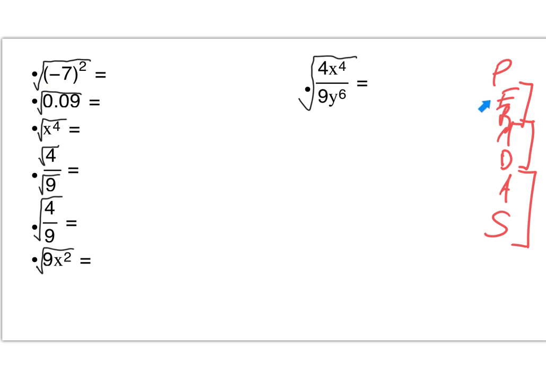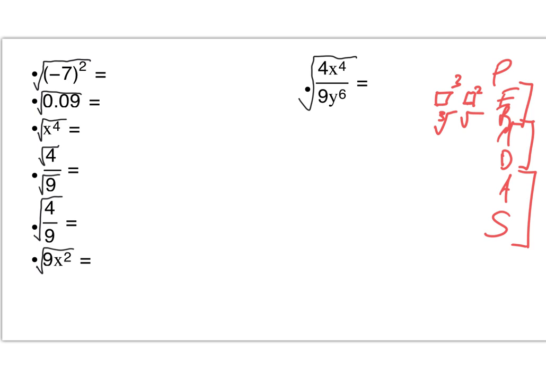What do I mean by that? A square root, its inverse would be something squared. If I had a cube root, the inverse would be something cubed. So the only way that roots and exponents are inverse operations is if they're of the same base.